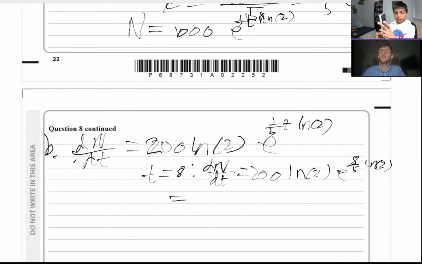So I'm doing the calculation, and it's 420.25 approximately. I'll just round that to 420. Yeah, it's asking for 2 significant figures, I think. Right. Yeah, good answer. 2 significant figures. So yeah, 420. Spot on.